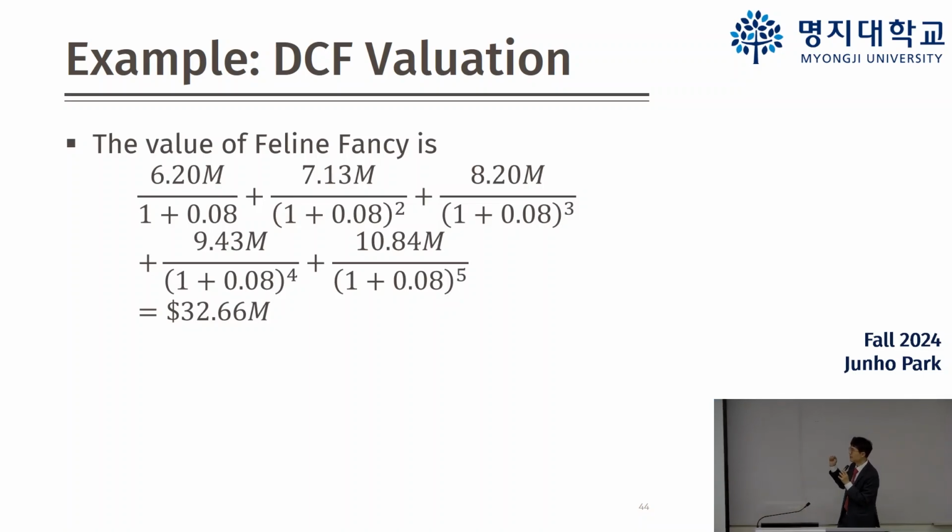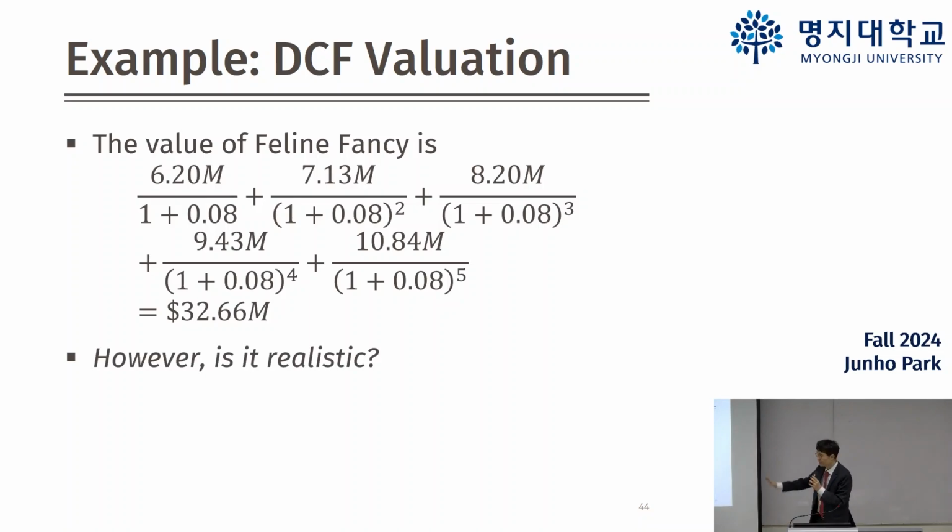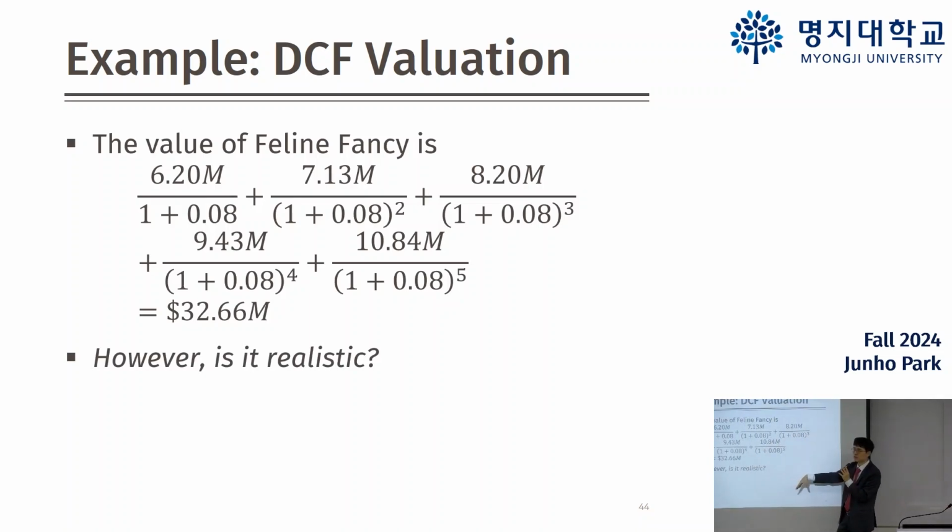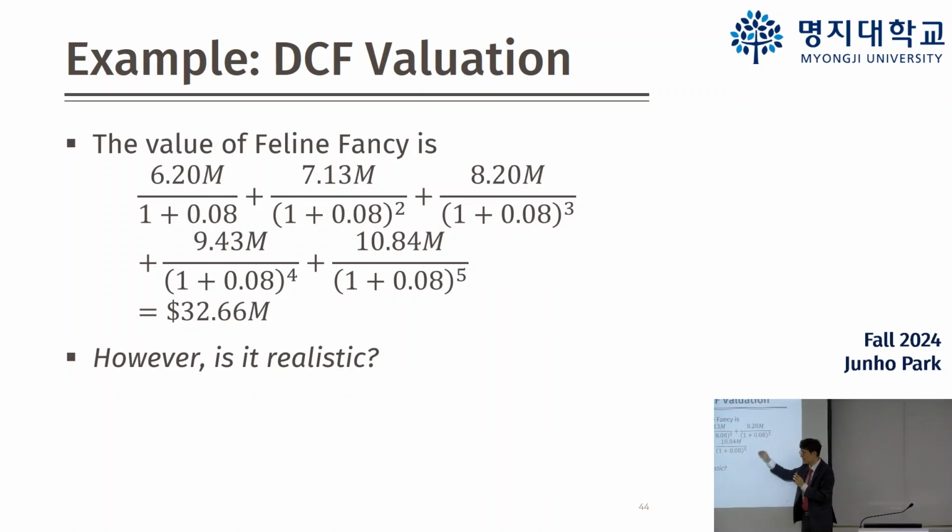However, this is very awkward. Why? We have the unrealistic assumption that this company will last only for 5 years, and we are not going to care about the years later. So we don't care about the 6th year, we don't care about the 7th year, we don't care about the 8th year, and so on.